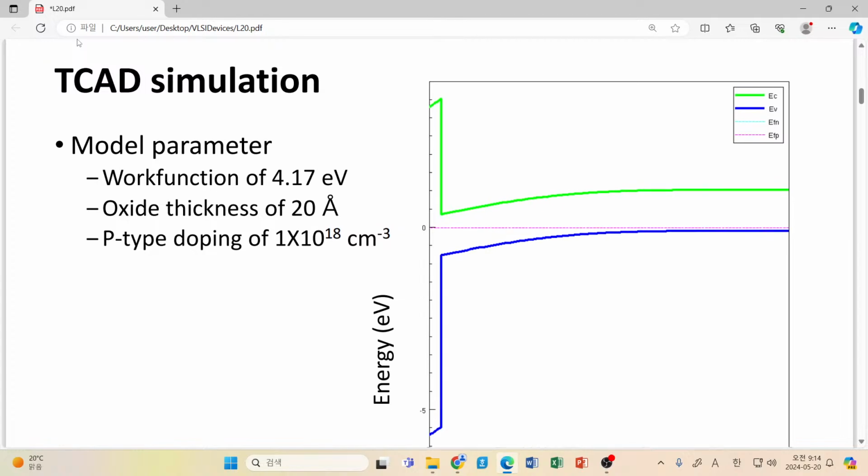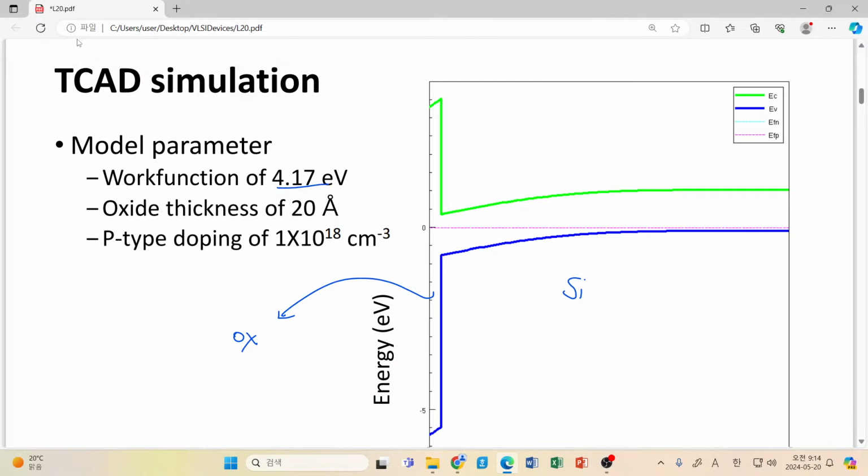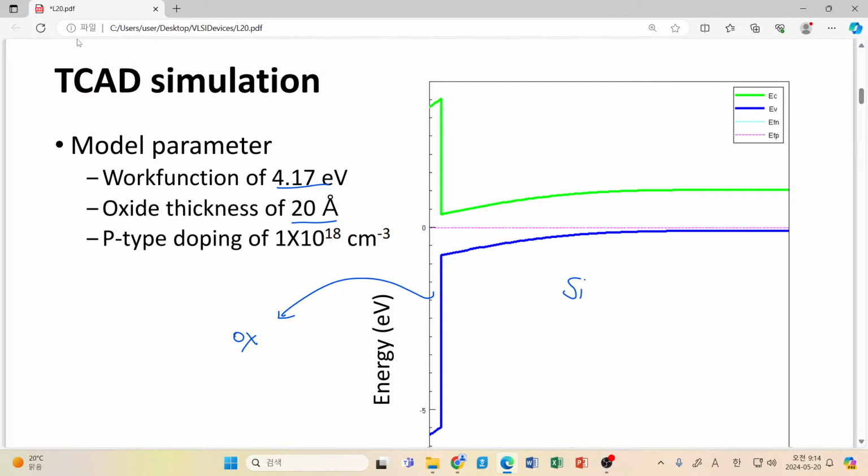Here we have silicon, and here we have oxide layer, and the work function is given as a reasonable value, and oxide thickness is 2 nanometer. That is, from the viewpoint of our current state-of-the-art devices, a little bit thick, but don't care. Also the doping density is 10 to the 18. Yes, this is just a reasonable value.